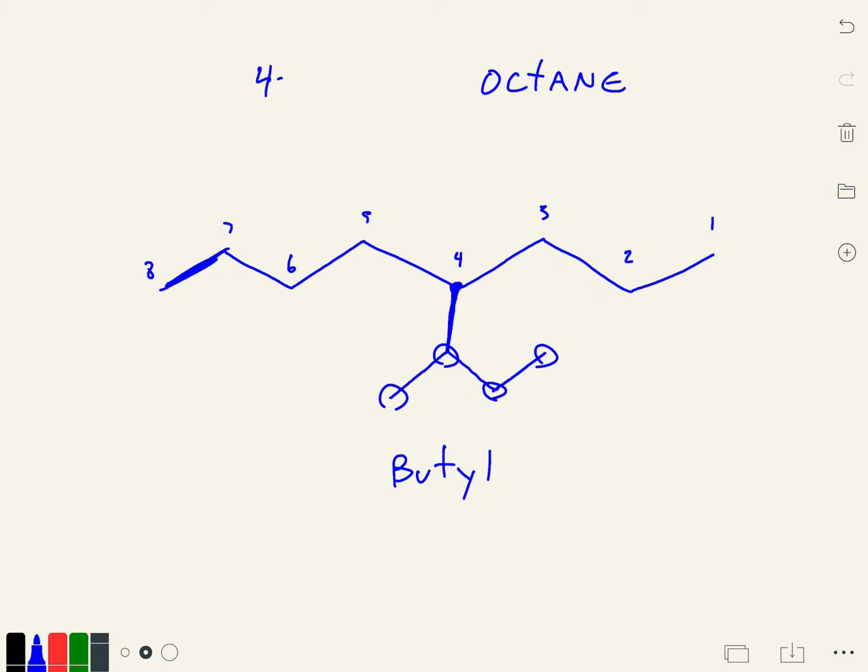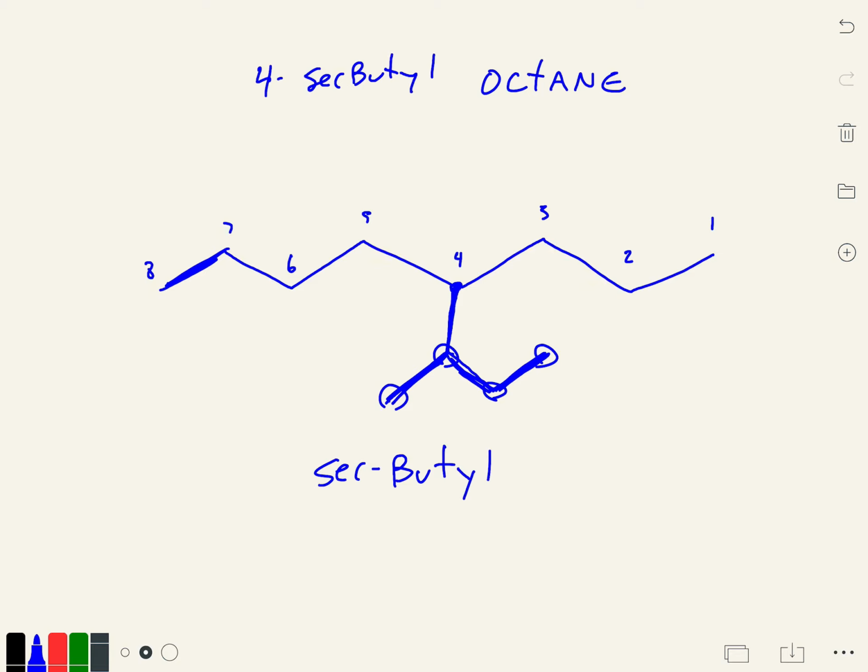So butyl is 4. And then we have to decide, is this regular butyl octane, or is this sec-butyl octane, isobutyl octane, tert-butyl octane? And so you can probably see, or you already saw, that it's attached at the second carbon in our straight chain. So that makes this guy sec-butyl. And so that's what you would write, 4-sec-butyl octane.